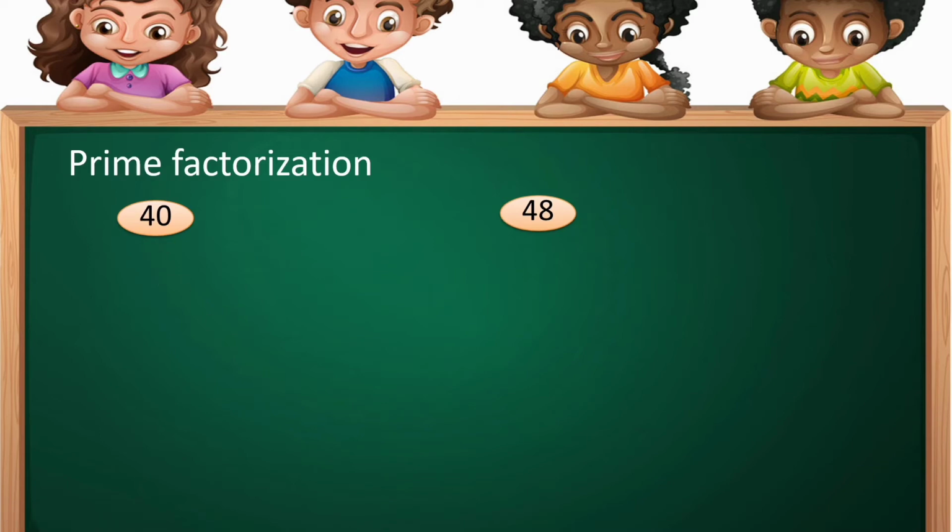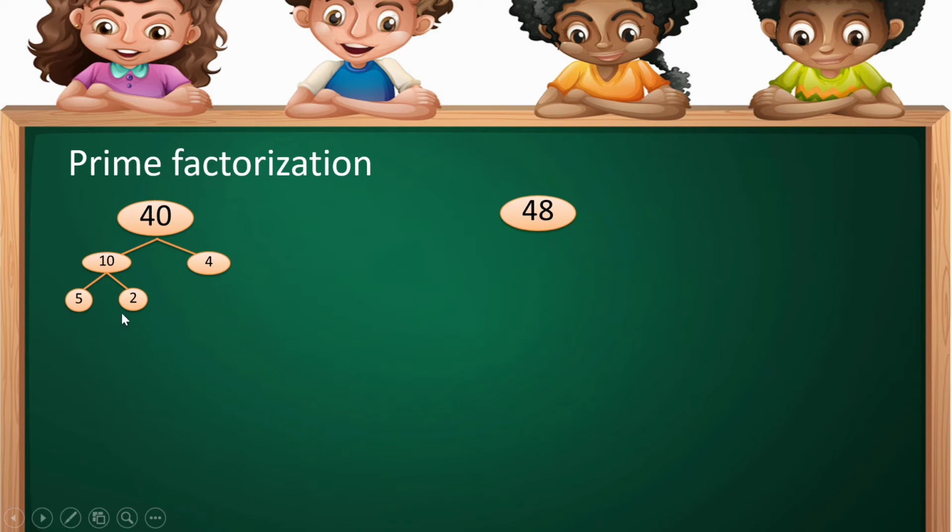Think of two factors that when you multiply them, it becomes 40. So we have 10 times 4. Very good. Since the number 10 is not a prime number, we have to break this down: 5 times 2. Do we still need to break down the number 5?